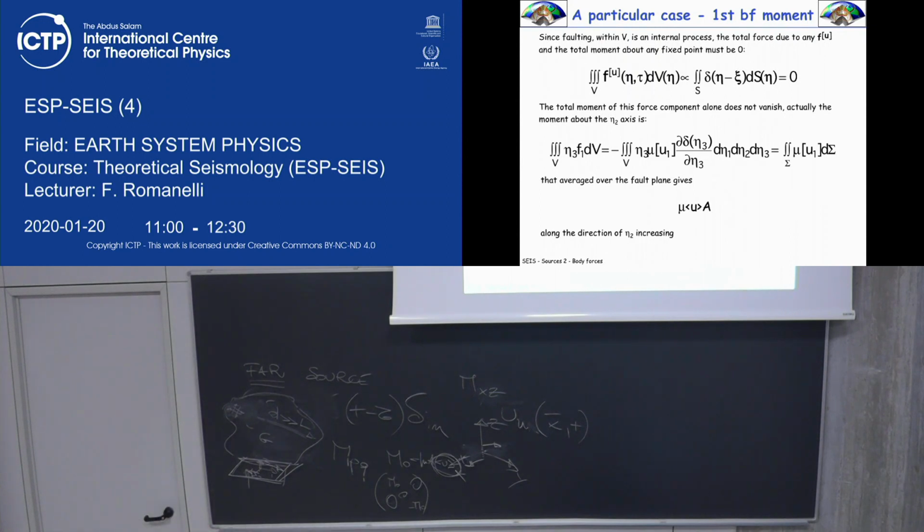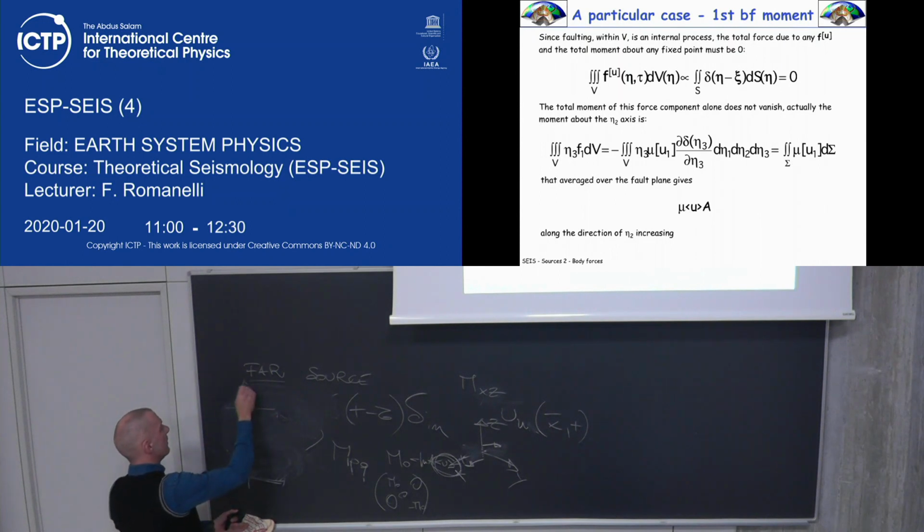So the first equivalent force is something that we are waiting for. Because if you look from the side of a fold, let's imagine the fold is here and we look from this side, okay? So this is, let's put Z for simplicity, and X. We have a set of couples like that, okay?